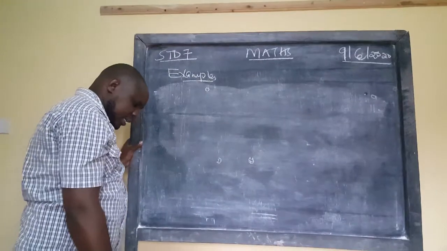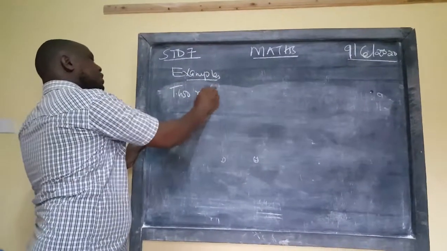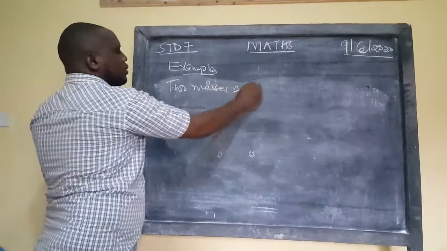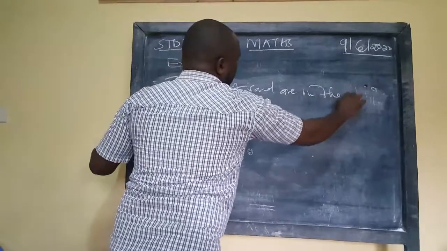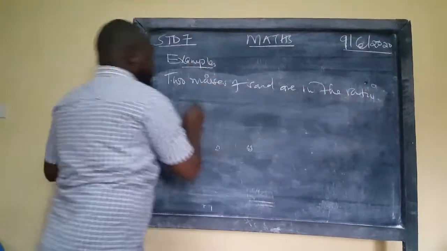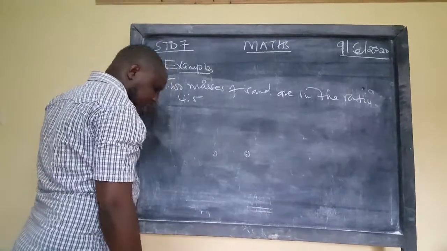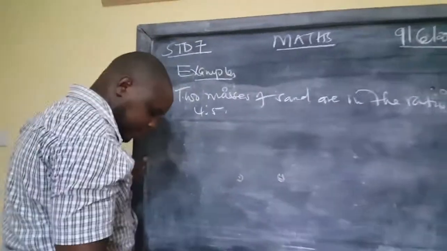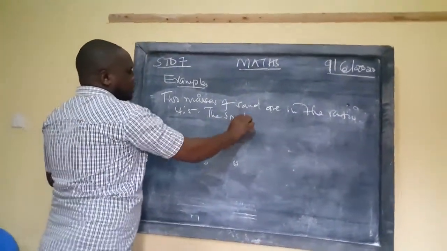Two masses of sand are in the ratio 4:5. The smaller mass is 6 tons.